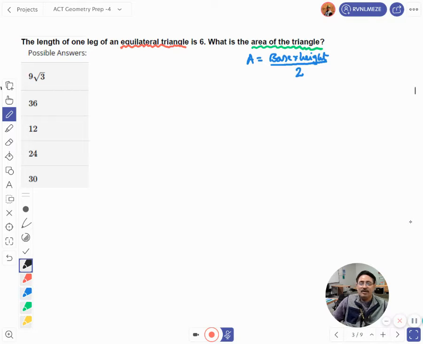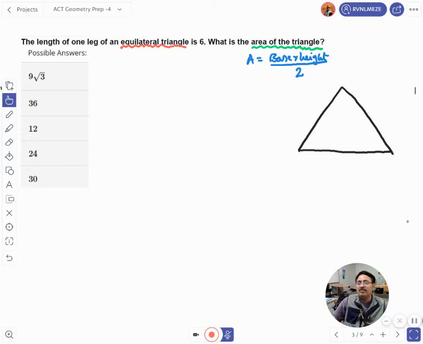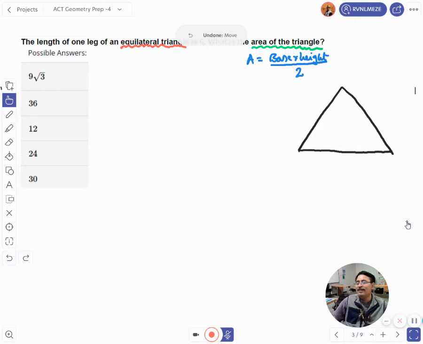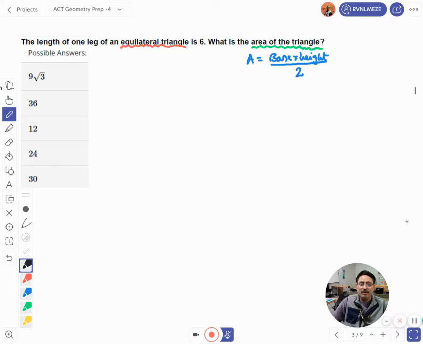Okay, so let me visualize the triangle first. There is an equilateral triangle, which means all the three sides are equal. Let me move this one a little down. Ooh, not possible. So let me draw it again. Let me draw the triangle once again, maybe a little below this one.